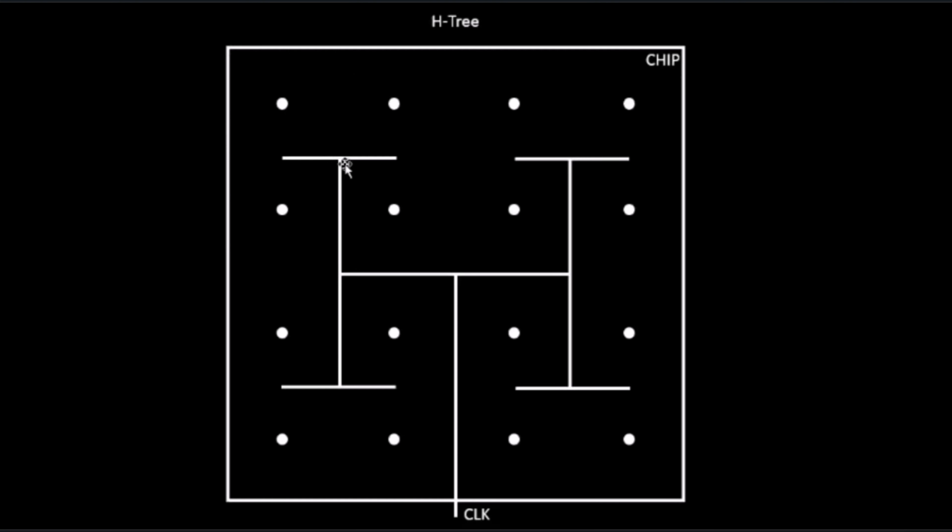Now we have this small square, this square, and this square with us. Similarly, for this particular quadrant, we have four squares. These are all virtual squares. This is one more square, and this is one more square. Each and every square has got an equal number of clock endpoints. That's the whole purpose. So even before building a clock tree for millions of flops, we have to make sure that we divide the chip into small squares, and each square should have the same number of flops.